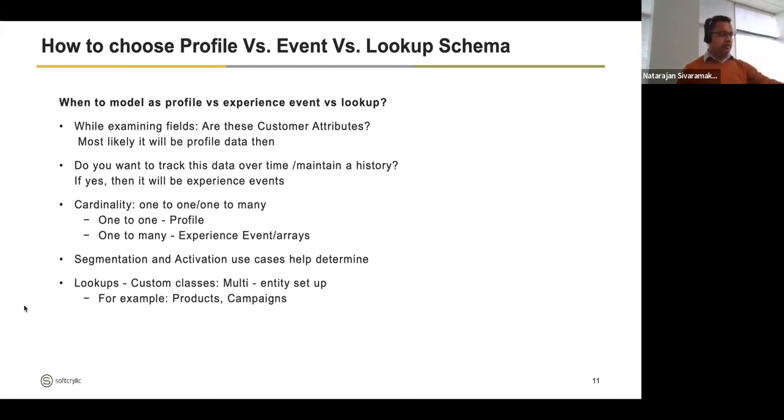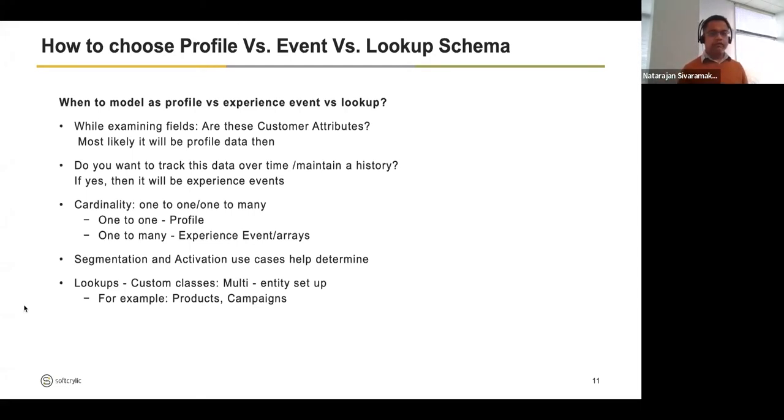So lookups are basically dimensional data that will support your profile and event data, to explain the user actions in more detail and to break down the data by various different segments. For instance, if you are implementing a retail solution, it has point of sale data and customer data.